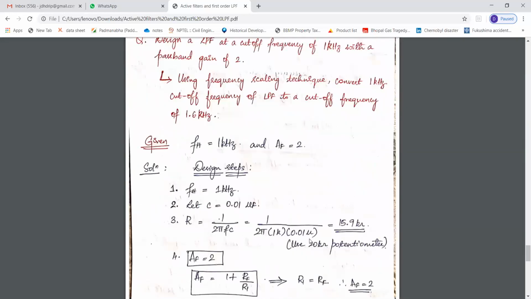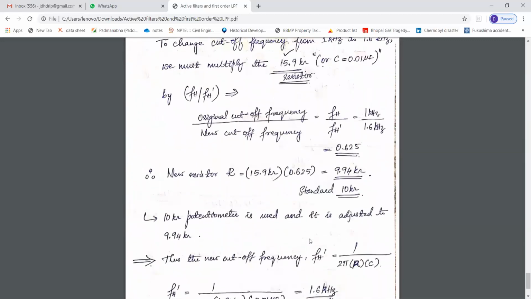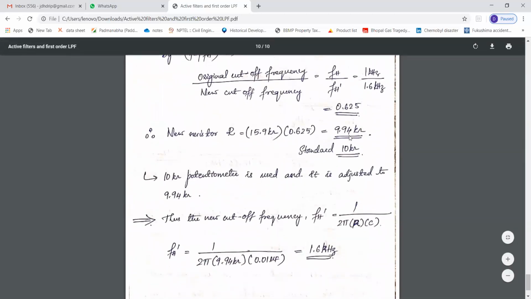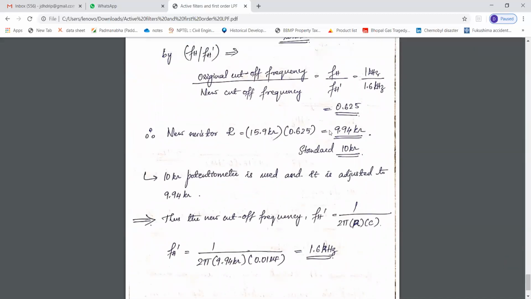The new R value that I have got after multiplying is 9.94 kilo ohm, isn't it? So at the input side, we must use 9.94 kilo ohm in order to get a cutoff frequency of 1.6 kilohertz. Instead of 9.94 kilo ohm, we use the standard value, that is 10 kilo ohm, to get the new cutoff frequency of 1.6 kilohertz.